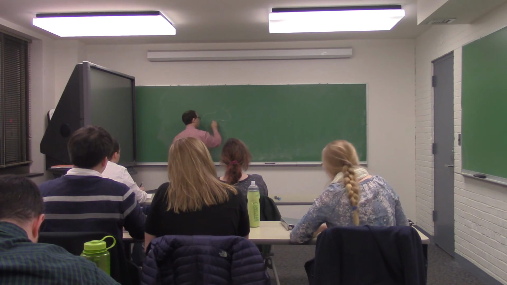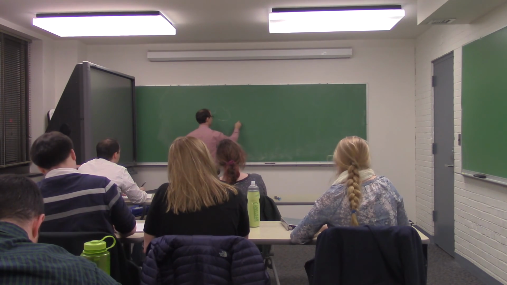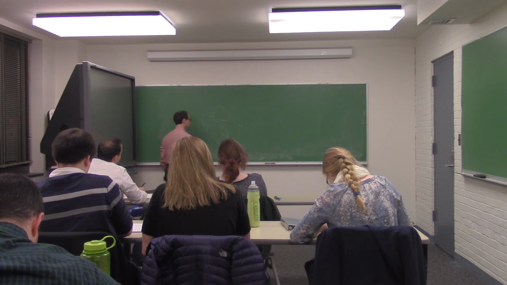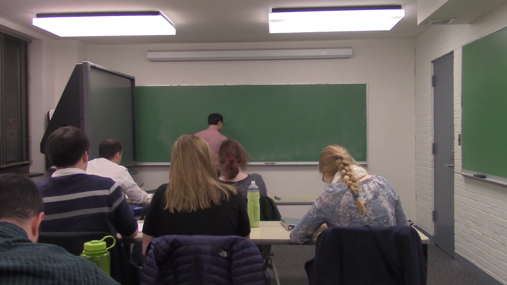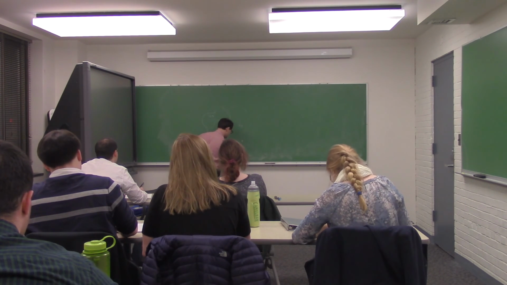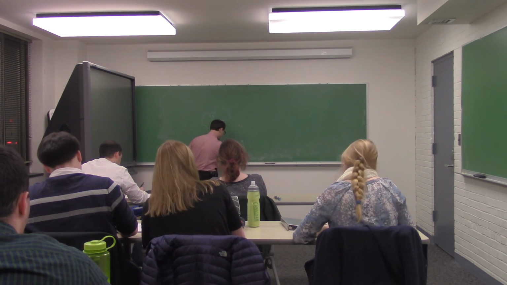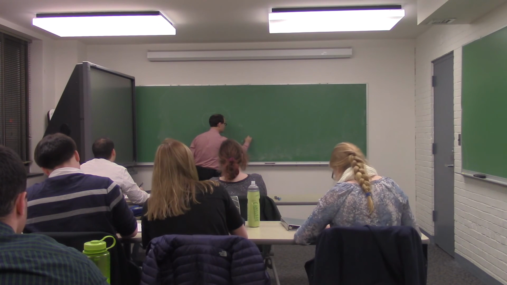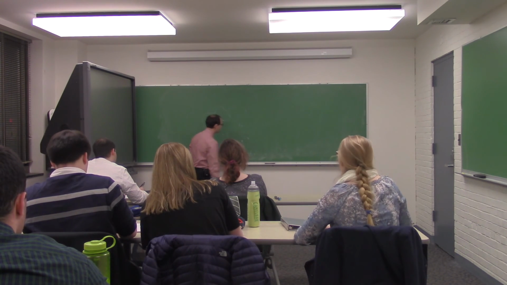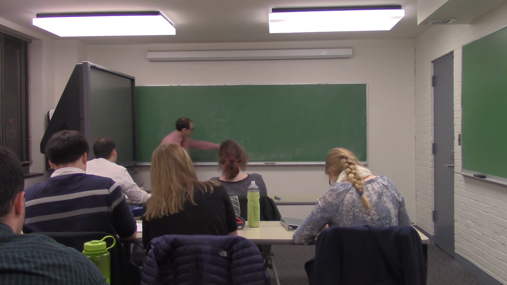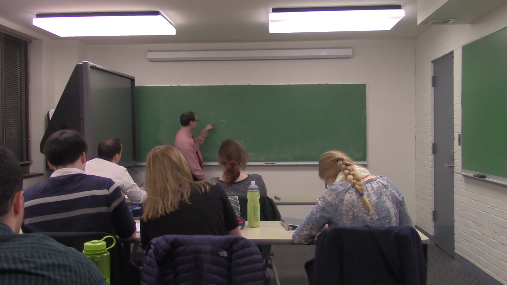Here's U1, U2, and U0. Its nerve looks like so. Here's U1, here's U2, here's U0. The intersection between U1 and U2, there is something in it.